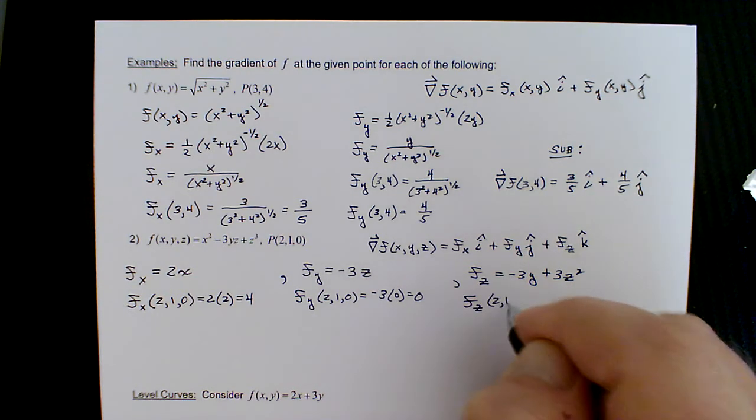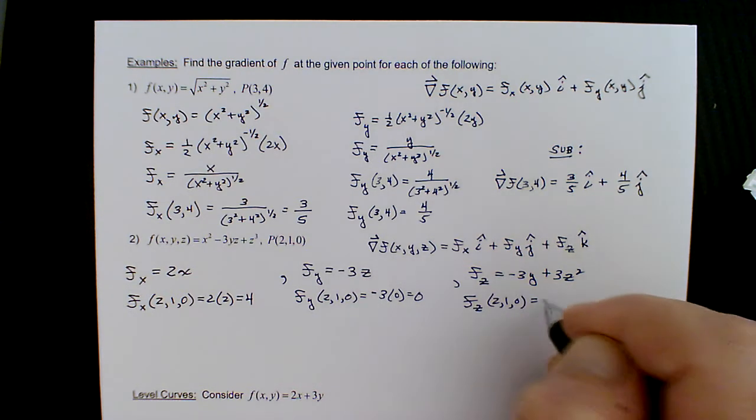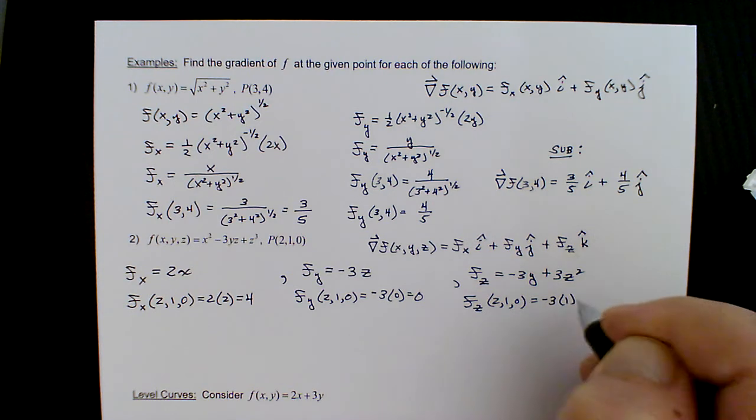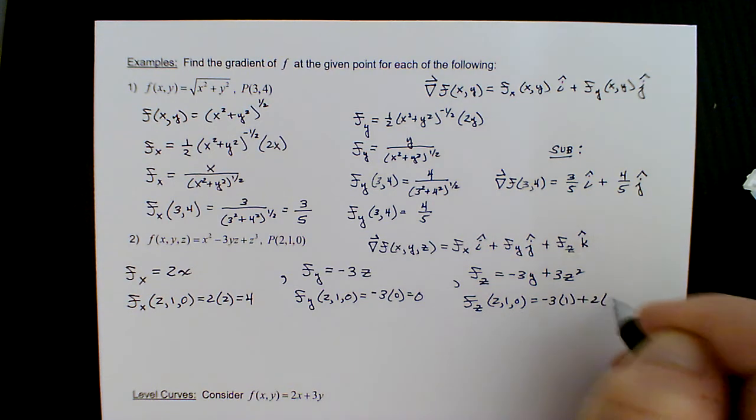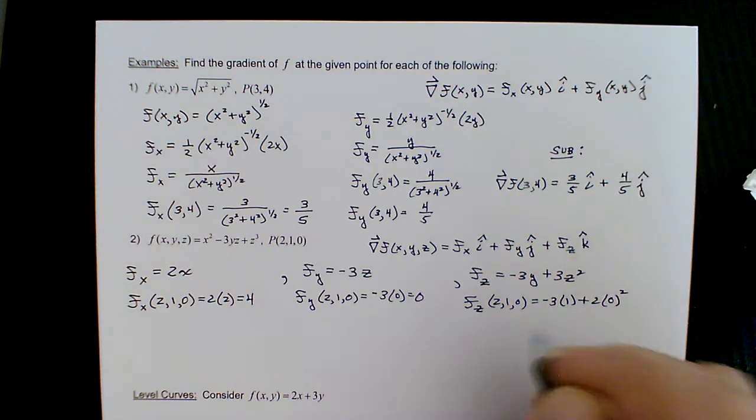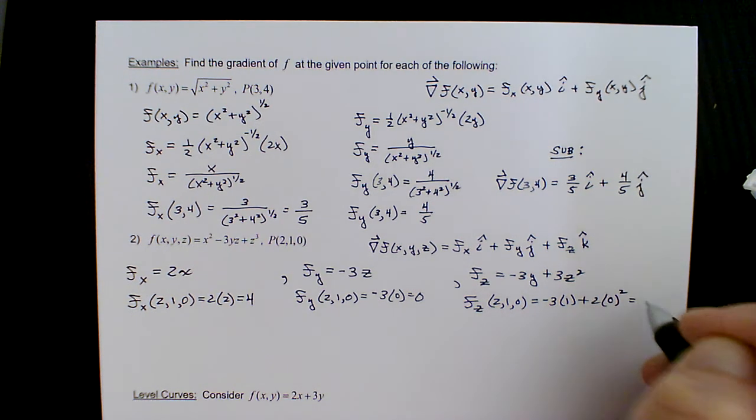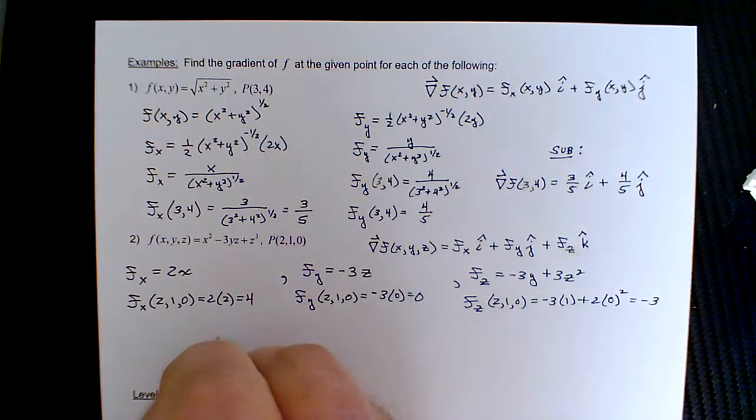At the point (2, 1, 0): x is 2, so that's 4; y is 1, plus 2; z is 0, so that gives us negative 3.